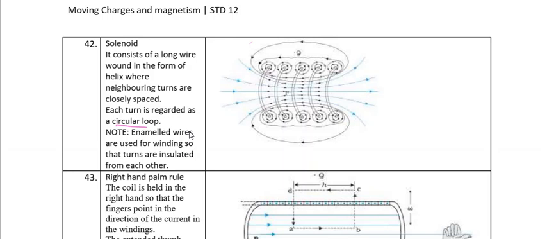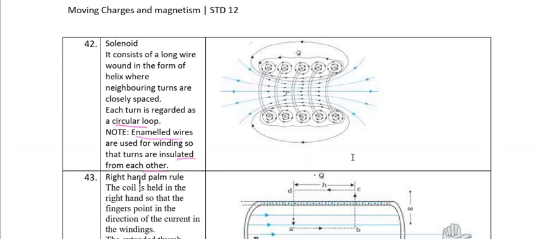So with a coating of insulating varnish, we can avoid contact between the wires when they are wound very closely to each other. So that is called enameling. That is a special kind of varnish that has an insulating property. So they are wound so that the turns are insulated from each other, right?